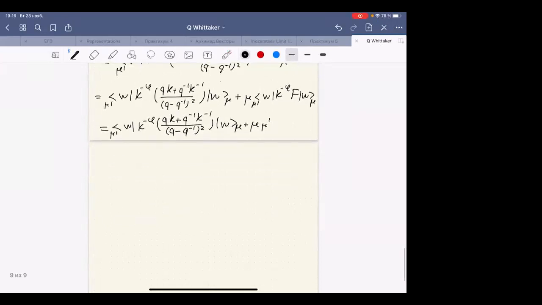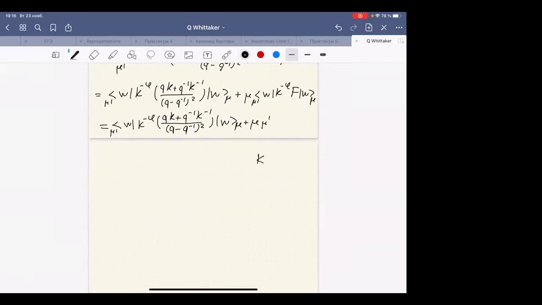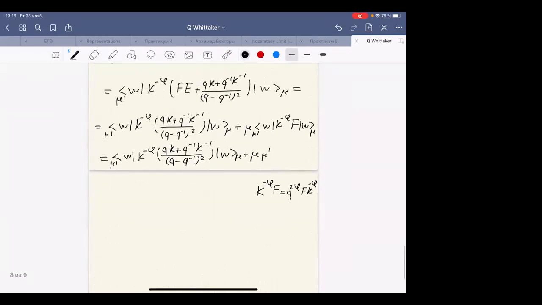K minus phi f is equal to q. Yes. So if phi is minus 1, then it is good.